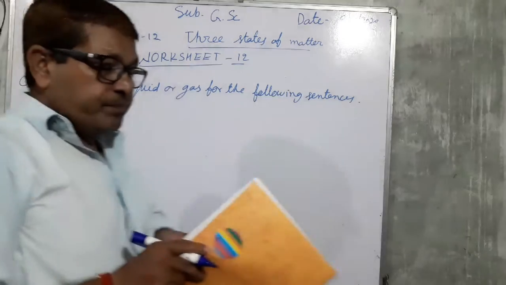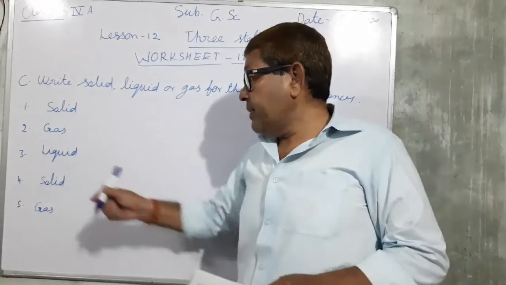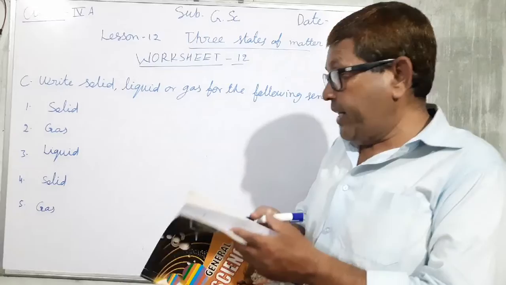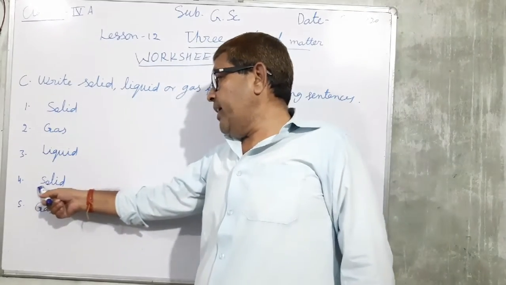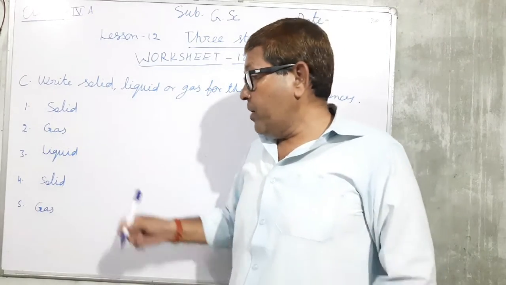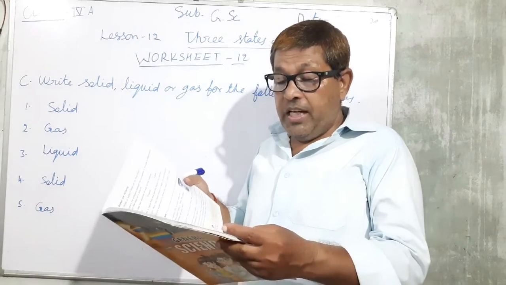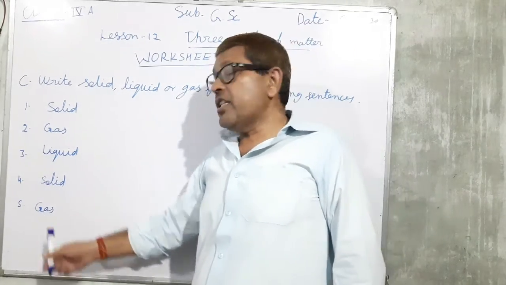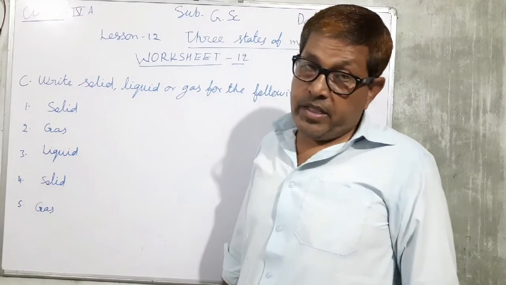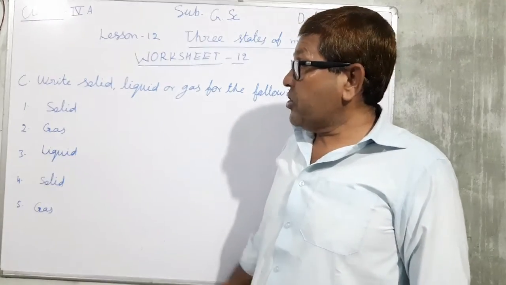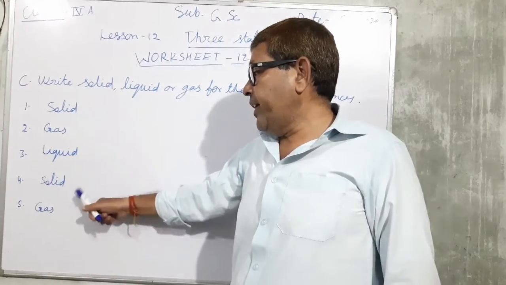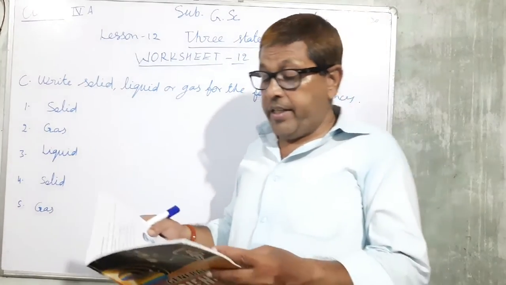And the fourth, have different shape and different volume. So this is solid. And fifth, have neither a definite shape nor a volume. This situation is found in case of the gases. So first solid, second gas, third liquid, fourth solid, and fifth again gas.